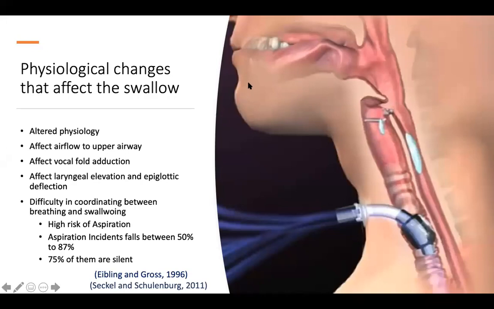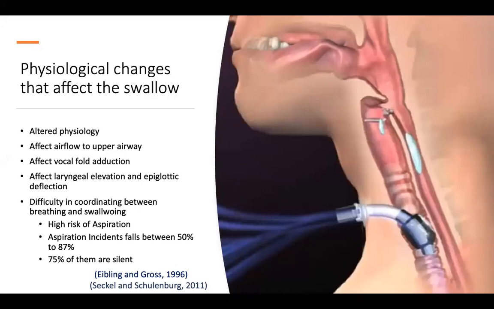And because these patients have respiratory issues, a lot of them have difficulty coordinating swallowing and breathing. Research shows that trach patients have a high risk of aspiration, and the aspiration incidence with tracheostomized or vented patients falls between 50% and 87%, which is a huge number.